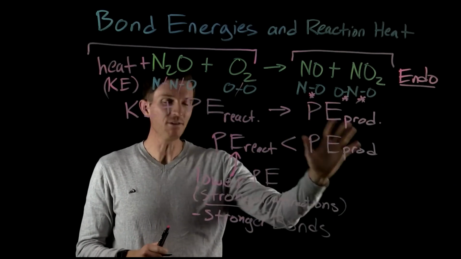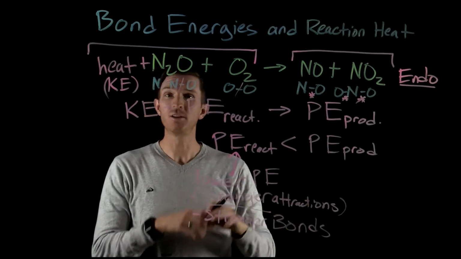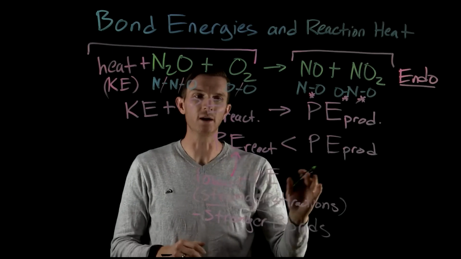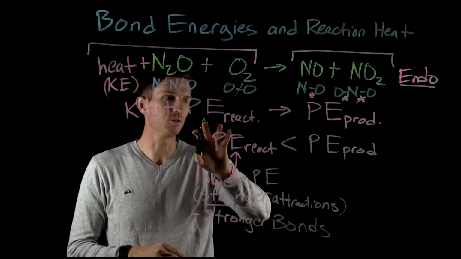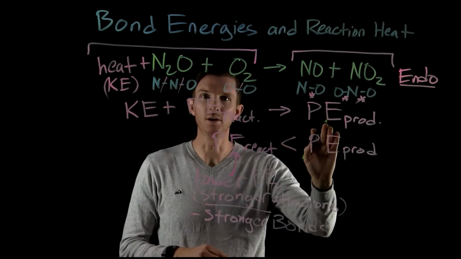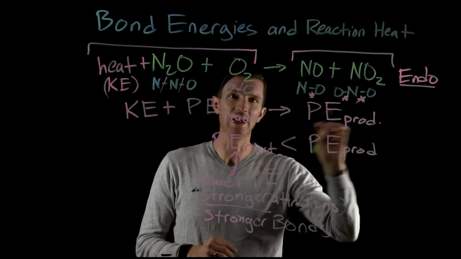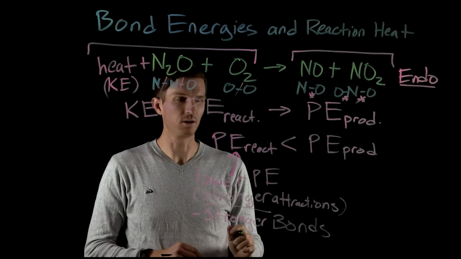So a difference in potential energy is caused by a difference in bond strength. We're starting at a lower potential energy and ending at a higher potential energy, and that's because we're starting at stronger bond strength and ending at a weaker bond strength.